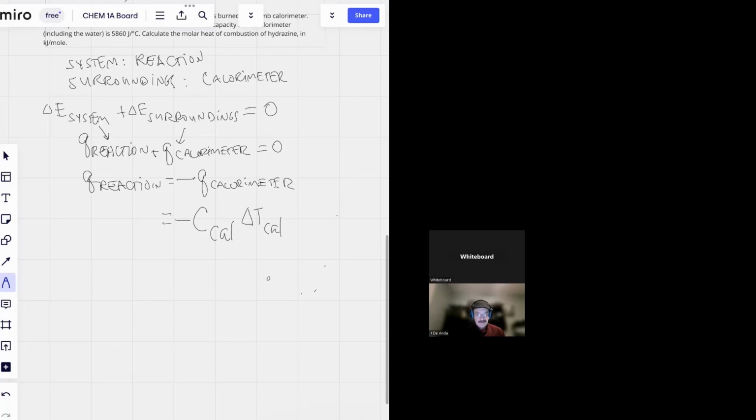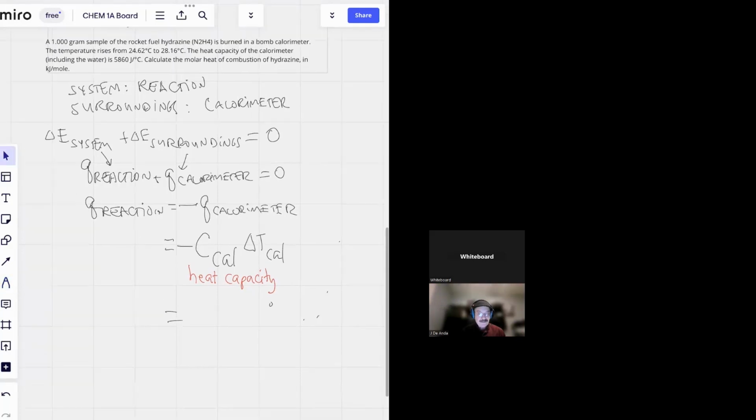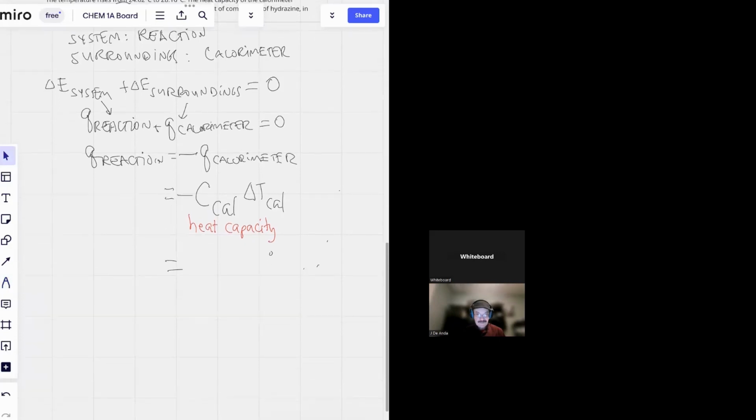First of all, the heat capacity of the calorimeter, and we can write this here to give ourselves a little help. This is the heat capacity of the calorimeter, and it is equal to what it says up here, 5,860 joules per degree Celsius.